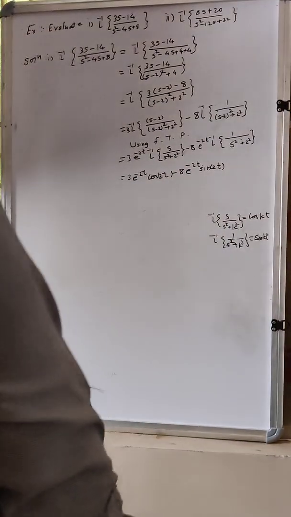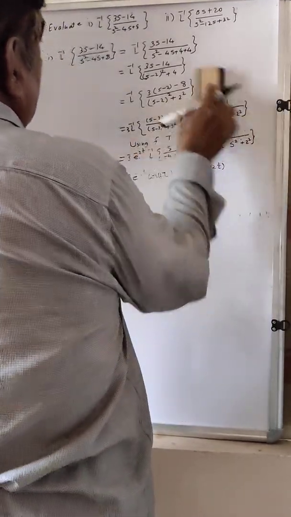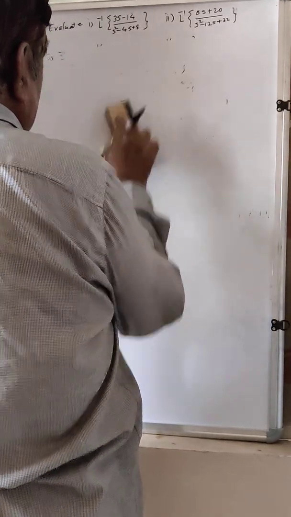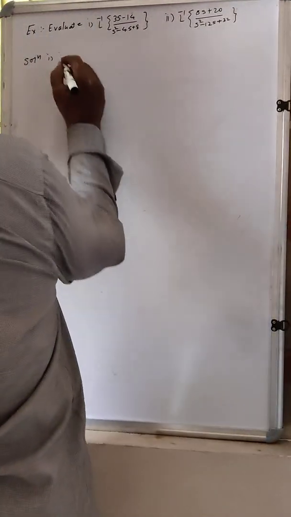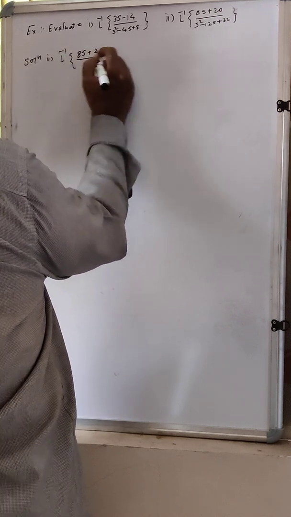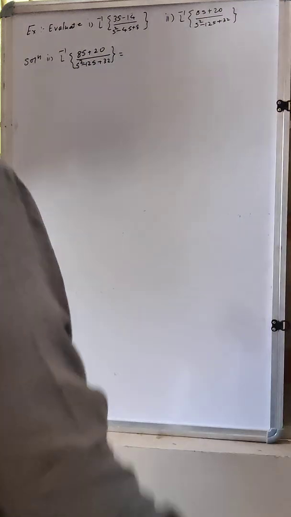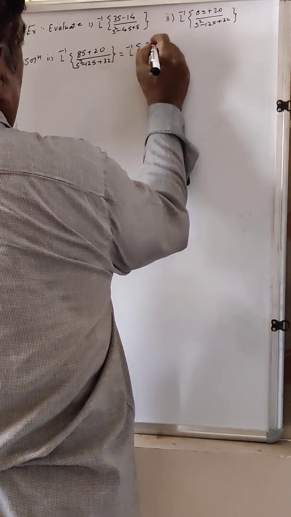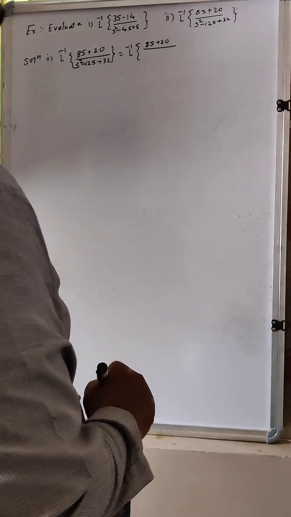Next example. Laplace inverse of the second: (8s plus 20) upon (s square minus 12s plus 32) is equal to Laplace inverse of (8s plus 20) upon, in the denominator we want a perfect square.